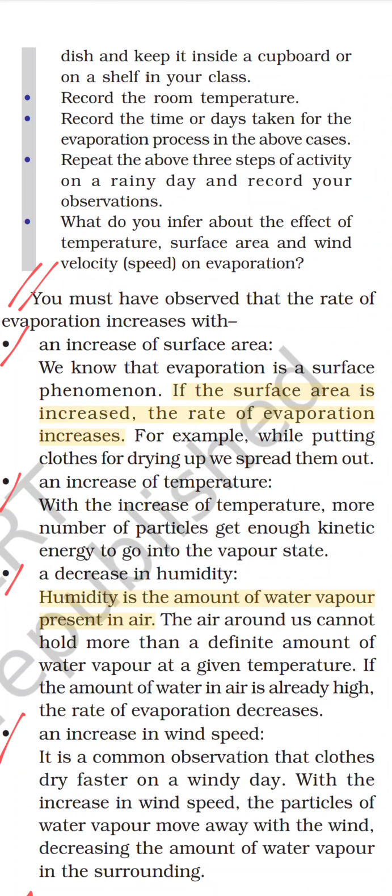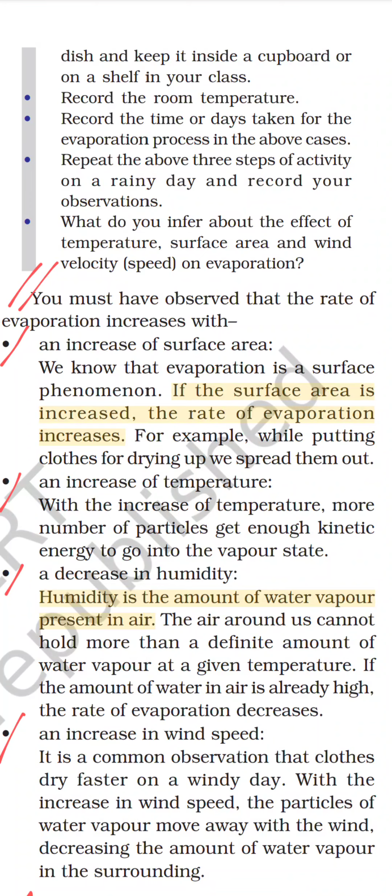With the increase of temperature, more number of particles get enough kinetic energy to go into the vapor state. A decrease in humidity. Humidity is the amount of water vapor present in air.